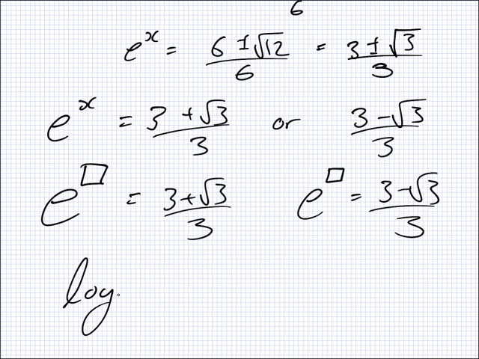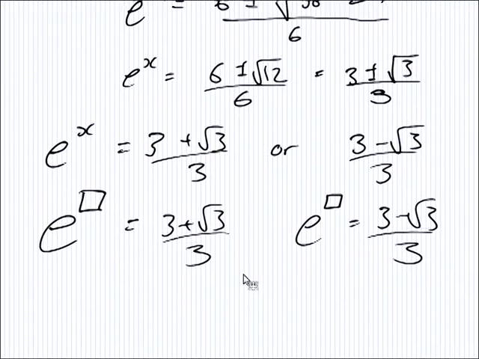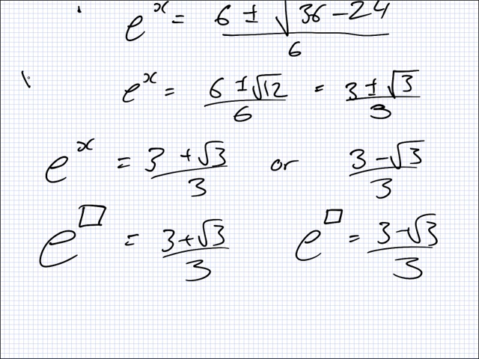Oh, mistake? Yeah. Square root 12 is square root 4 times 3, which is 2 root 3. And then I divided everything by 2. That's why. Oh, you could have said something sooner. It's okay.